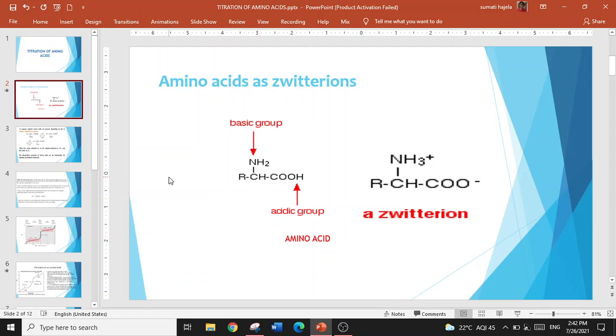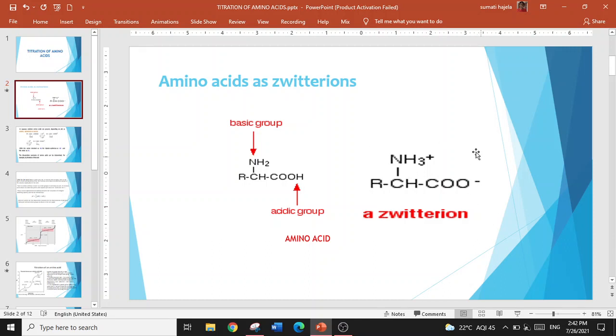Now, how can they be titrated then? Since this molecule can act both as a base and an acid, or proton acceptor and donator, it can donate a proton, it can accept a proton.